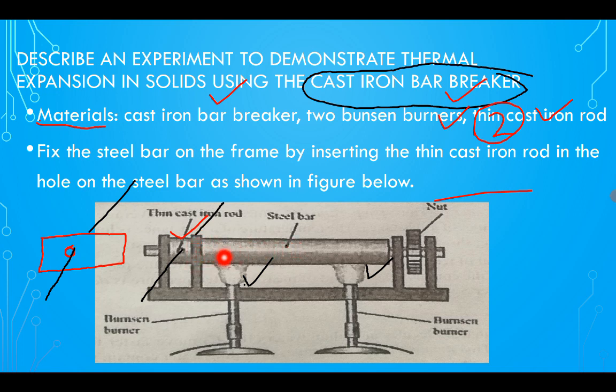Seemingly, as it is expanding, it will appear as if this steel bar is moving, but it's not moving, it's simply expanding. So the expansion will cause the thin cast iron bar to be pushed against the frames, the outer frames, and eventually that is going to cause it to break.